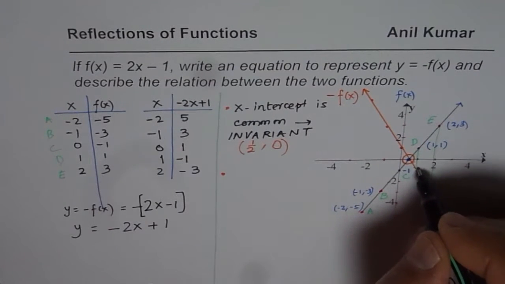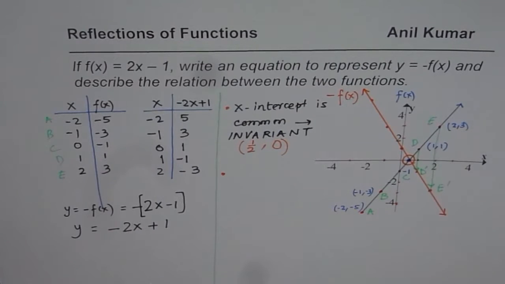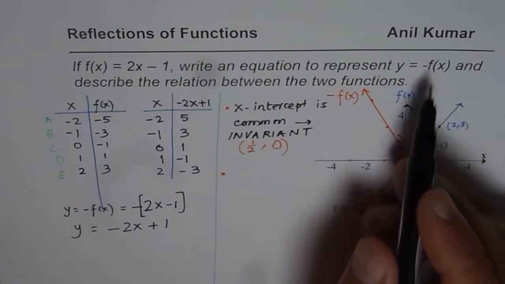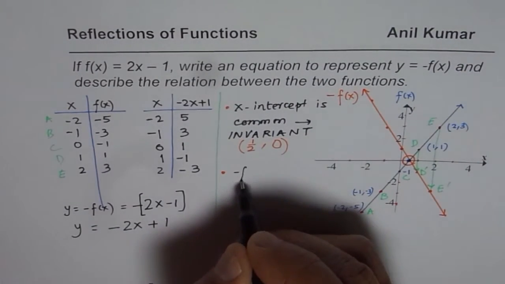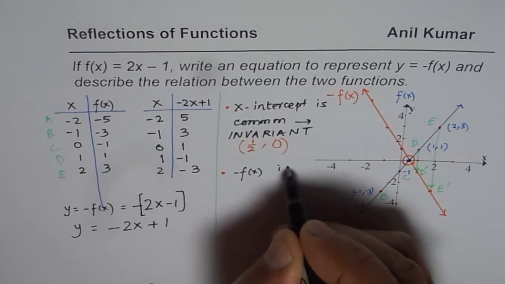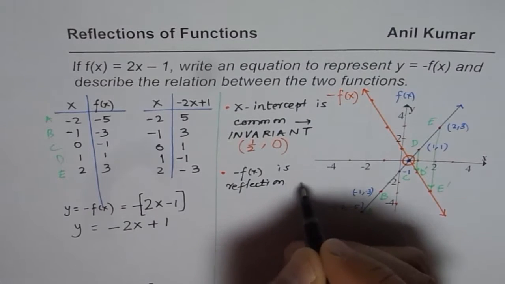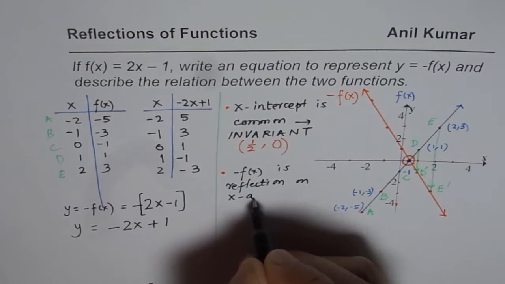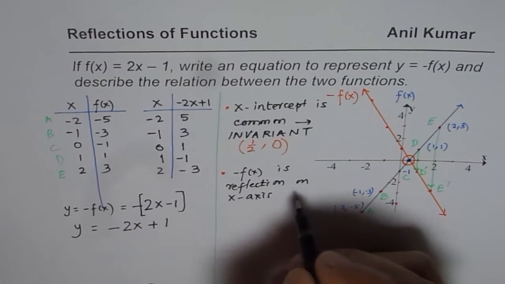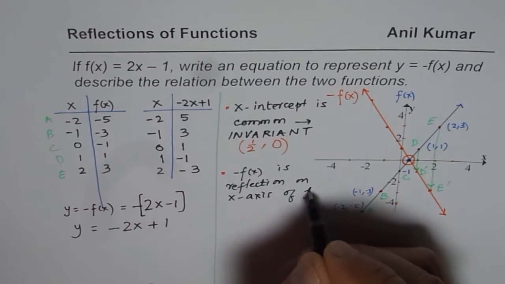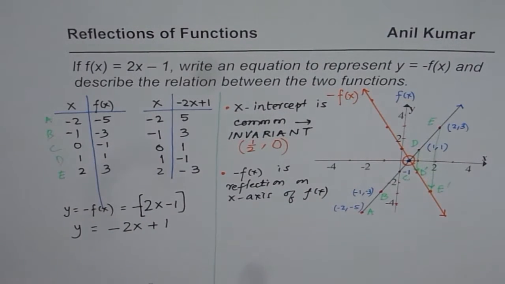Similarly, d is also reflected, so that is how you get d dash, right? So what we observe here is that minus of f of x is the reflection on the x-axis of f of x, so that is how you get minus of f of x.